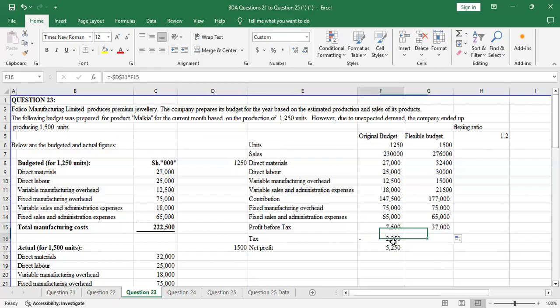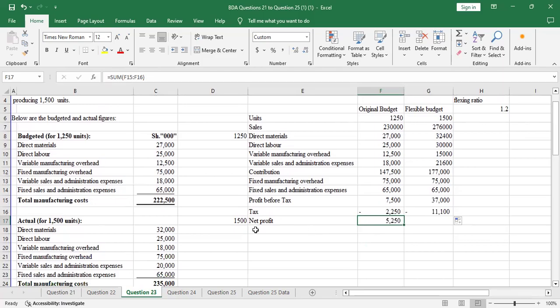And the tax will be 11,100. Then the net profit, you just drag this. It will give me a net profit of 25,900.